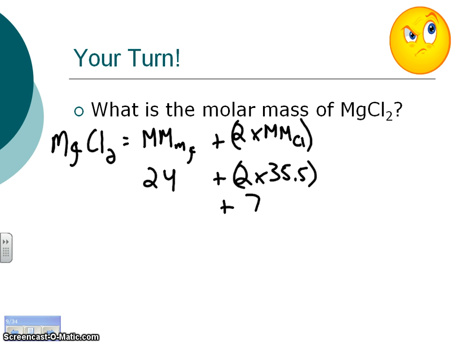This is equal to 71. 24 plus 71, we get our molar mass of magnesium chloride to be 95 grams per mole.